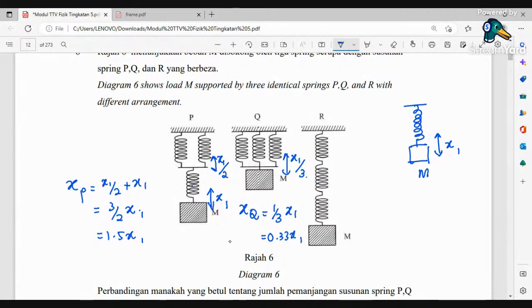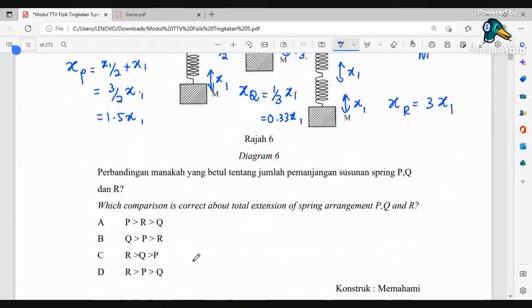And then this one, all in series means all springs experience the same force, so the same extension for each spring. So the total extension for R is x1 plus x1 plus x1, which is 3 x1.